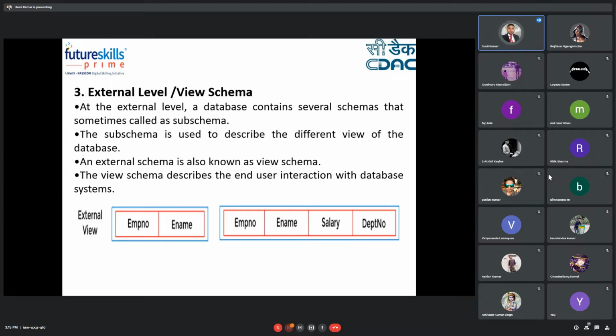So the view schema, or external schema, gives the user a way to interact with the database and to check the view of the database after implementation of data. Suppose you have created your tables in RDBMS, then you can see the structure of the table like that, right? So this is the view schema.